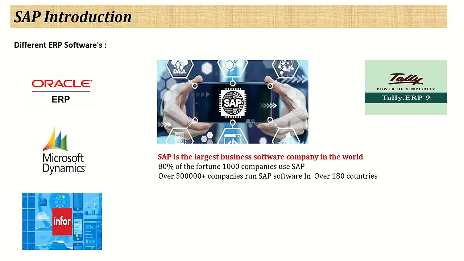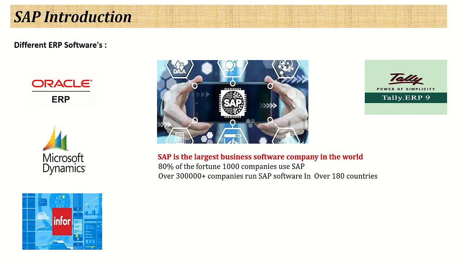Almost 80% of the Fortune 1000 companies use SAP. They have 3 lakh plus customers. They are running on SAP software in over 180 countries. So very powerful software. This is called a business software.